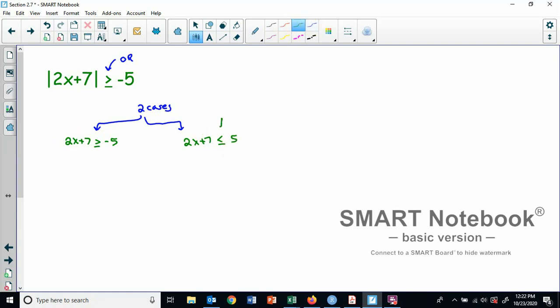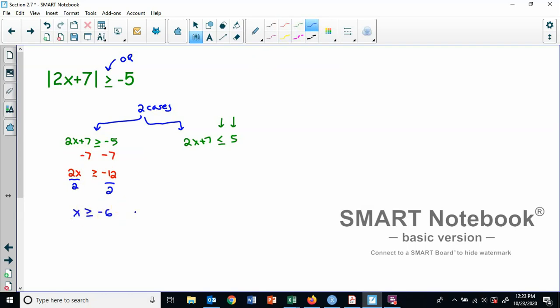So remember, I flipped both of those, the sign on this thing and the inequality here. That's the part most people forget. Subtract 7, subtract 7. 2x is greater than or equal to negative 12. Divide by 2 on each side, and x is greater than or equal to negative 6.